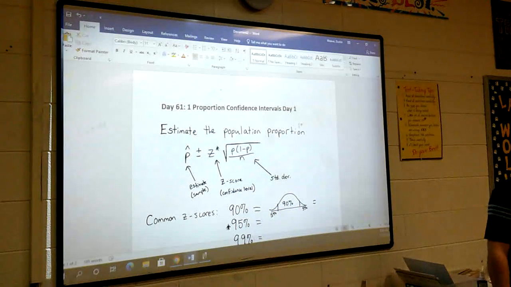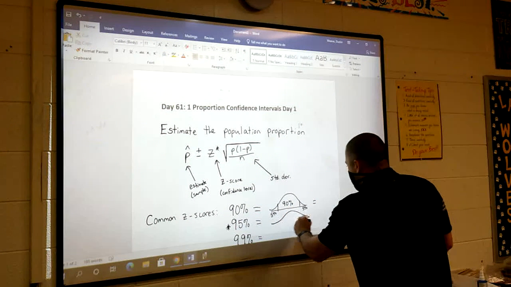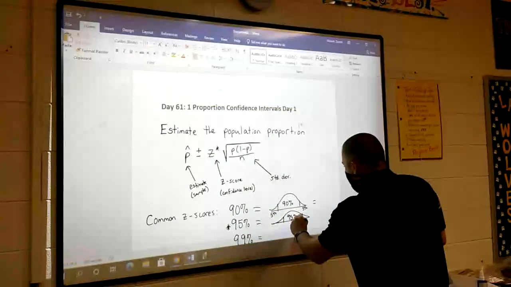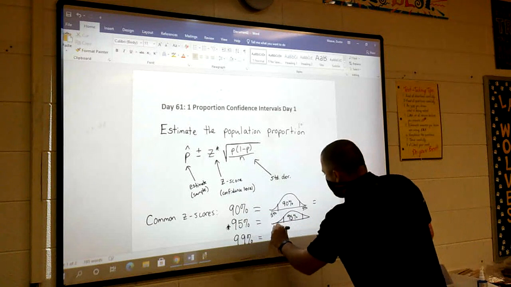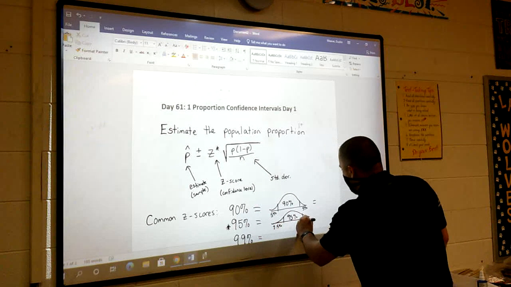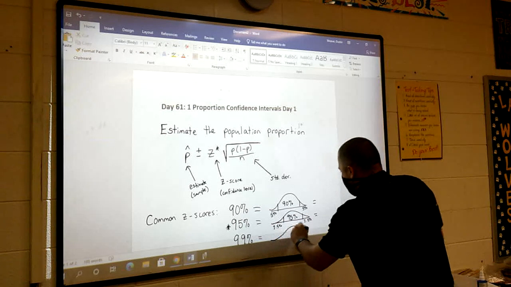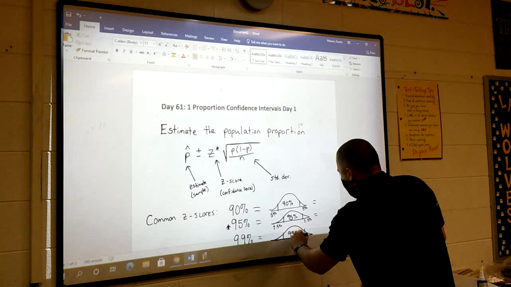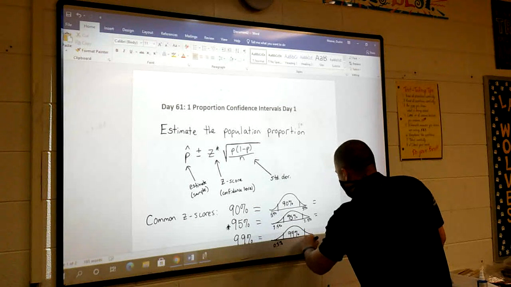To be 95% confident, I'll draw another little curve. You want 95% in the middle, and in each tail there's going to be how much? 2.5%, where you're not confident down below, and 2.5% up above. And then the last one is 99%, and what's in each tail? 0.5%. Yeah, just 0.5%.